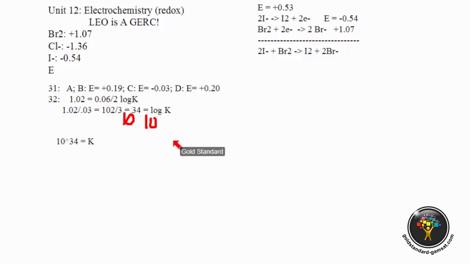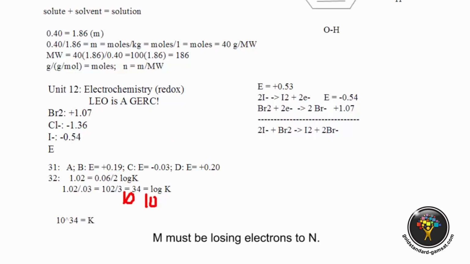If they flow from M, that means M must be losing electrons to N. So M2 minus is going in this direction, M plus 2 electrons. So it's losing electrons to N. So N is gaining electrons.